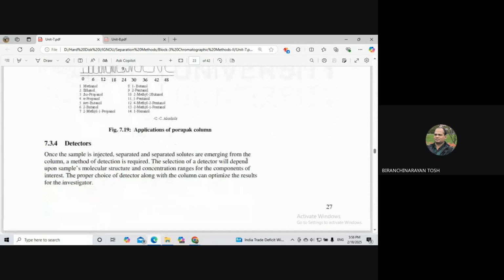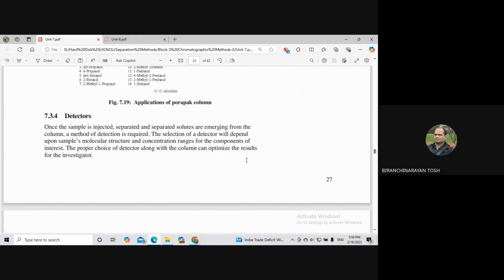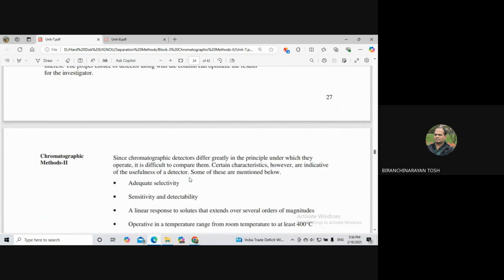Then we'll move to the detector. Once the sample is injected and separated, it should be detected. A method of detection is required. The selection of a detector will depend upon the sample we are using.